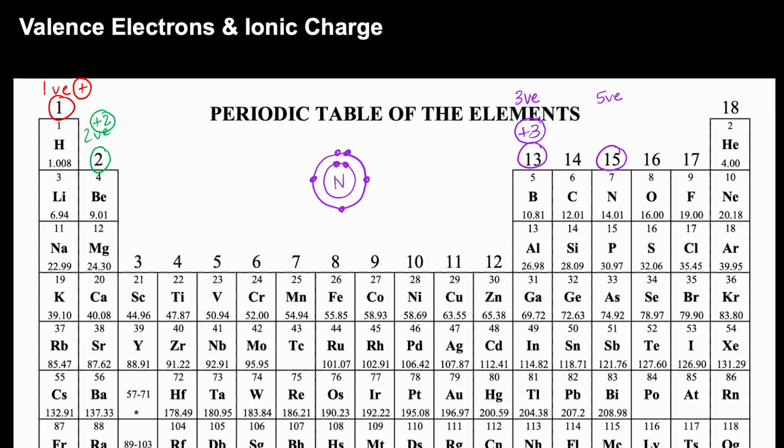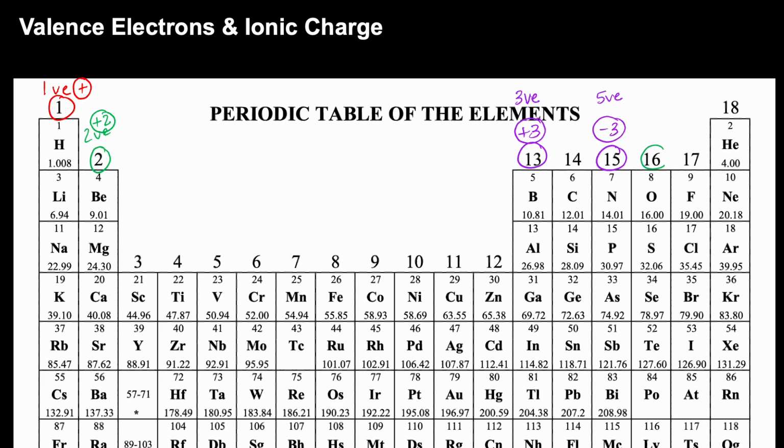Looking at probability, do we think nitrogen is more likely to gain 3 in order to get to a full octet or lose 5? The answer is gain 3. So nitrogen started off with 7 protons and 7 electrons, but now it just added 3 more electrons. We know electrons are negative, which is why nitrogen as an ion would have a negative 3 charge.